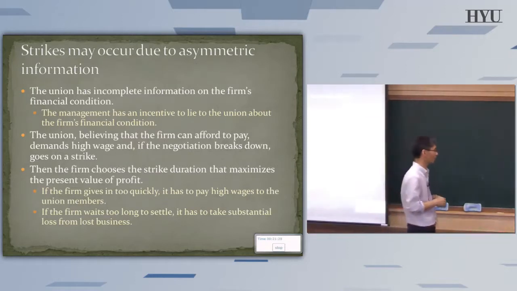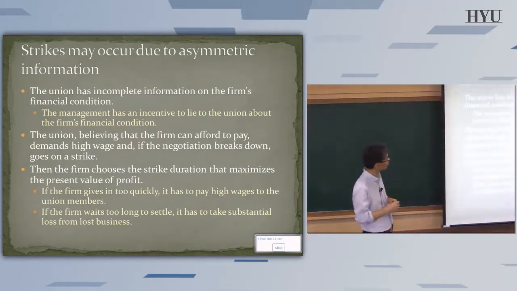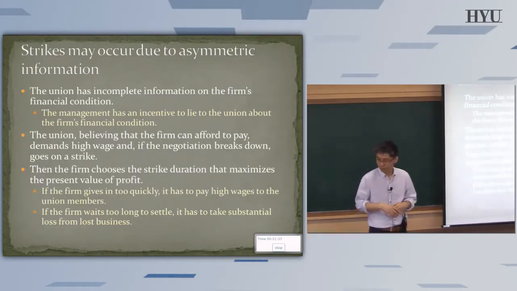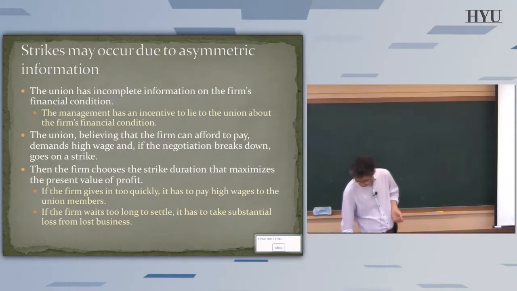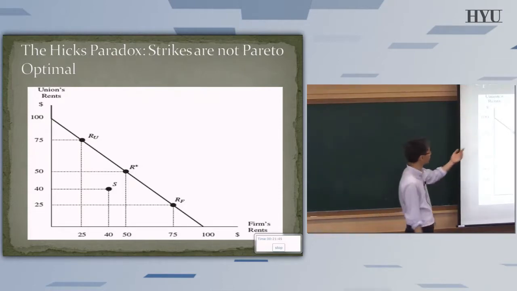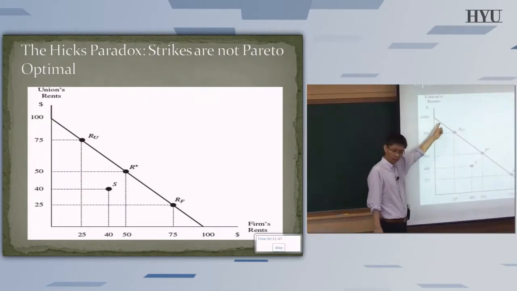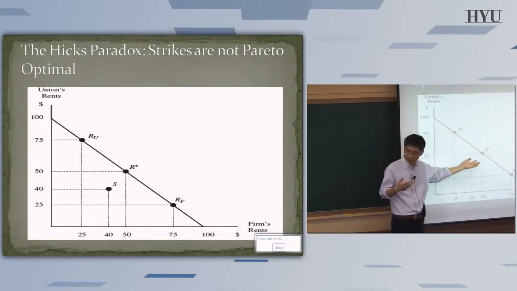The standard argument is information asymmetry. Why? If both parties knew from the beginning that there are $100 to split, then if they want 50-50, they can try $50 and $50.